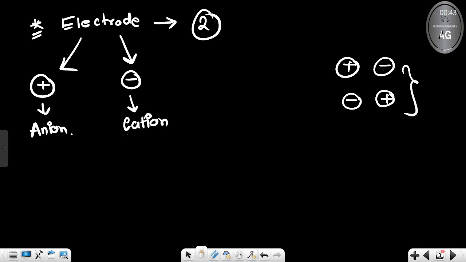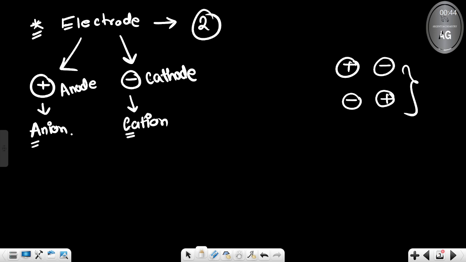Cation has the letter C, anion has the letter A, so this will be your anode and this will be your cathode. Remember C goes with C, A goes with A: cation will go to cathode, anion will go to anode. Clear? The anode therefore becomes positive, and the cation, being positively charged, will go to the negatively charged electrode, which becomes the cathode.